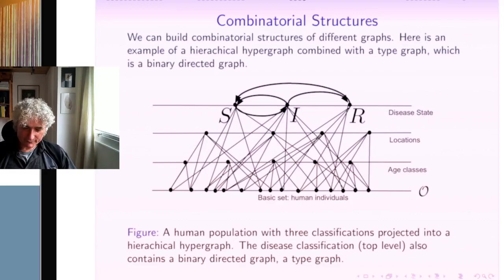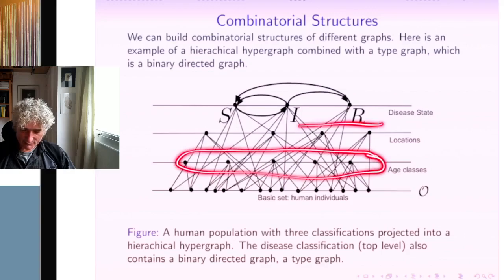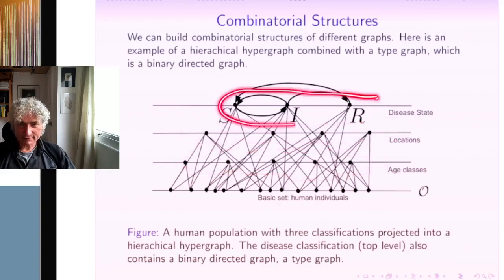So we think it's necessary to have these 3 different classifications into age classes, locations, and disease classes. But now, on top of that, we want to draw a type graph. So what I call the type graph.